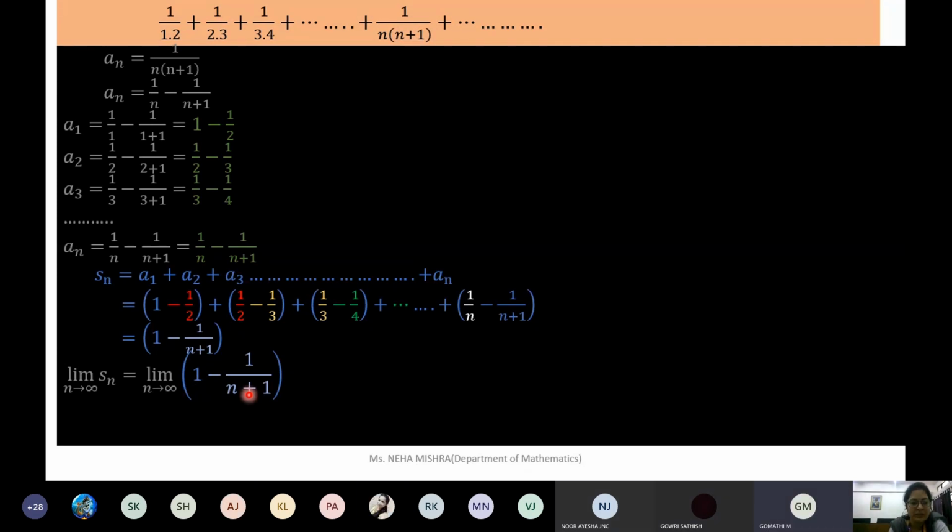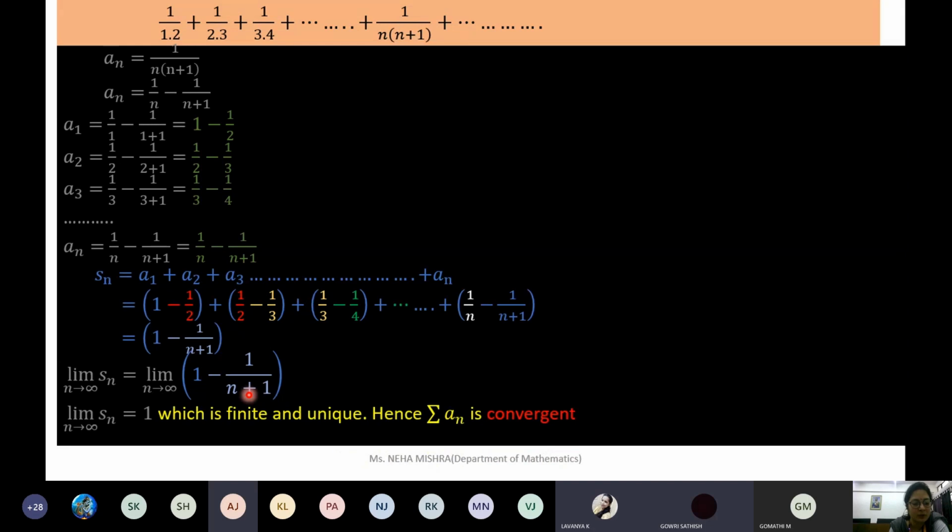So my series will be which type of series? It is convergent. Very good. So the limit of Sn is equal to 1 and this value is finite and unique. Hence the series, whenever we are saying series, make sure you put the summation sign. Hence the series is convergent. Did you understand?